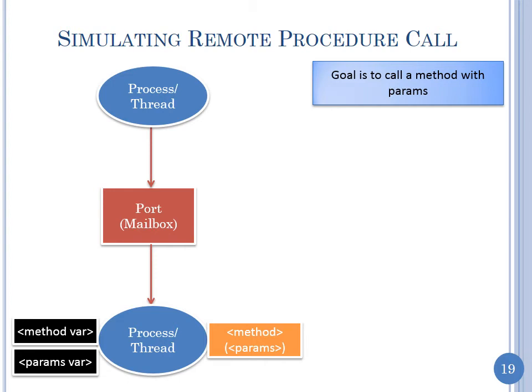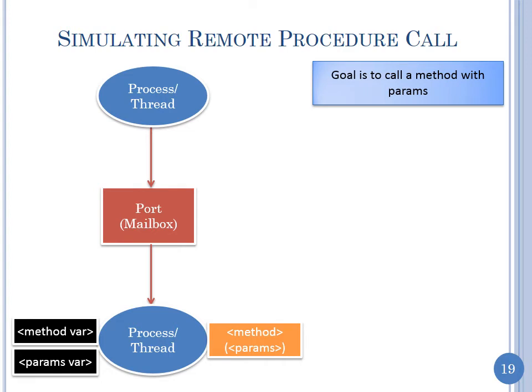What we want to simulate is a process which has a method and some parameters that are called. But what we have are variables to which values can be assigned. So we're going to have one variable that holds the method identification and some variables that hold the parameters.